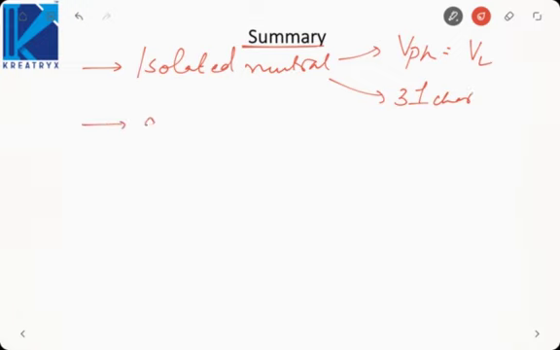Then we saw the grounding methods, which were system grounding and equipment grounding. System grounding was also called neutral grounding. We were grounding the neutral to avoid high voltages. And in equipment grounding, we were grounding the outer body to provide a low resistance path to the flow of stored charges. Then we saw the methods of neutral grounding.